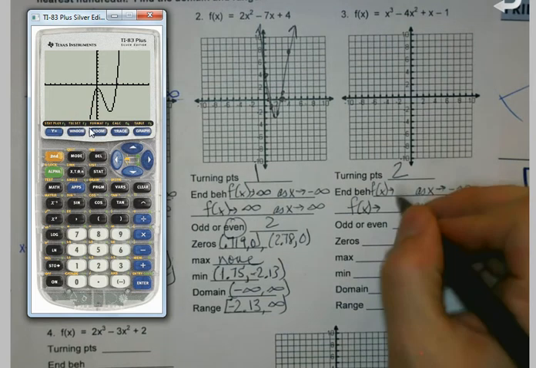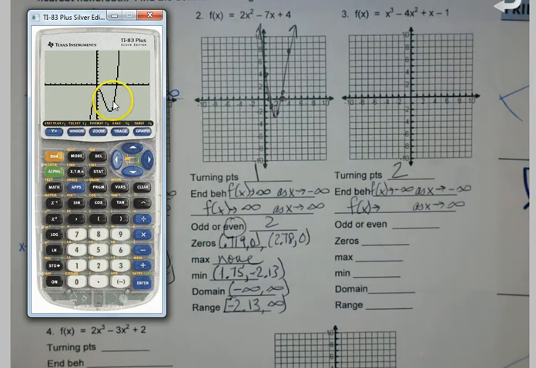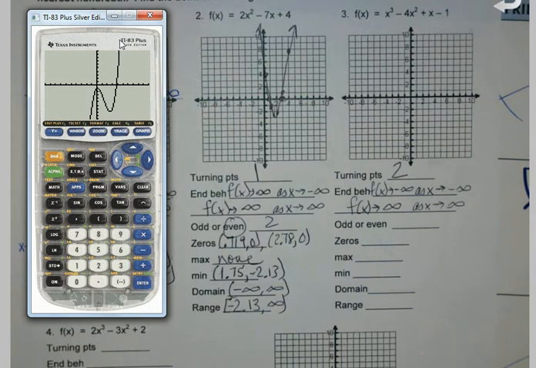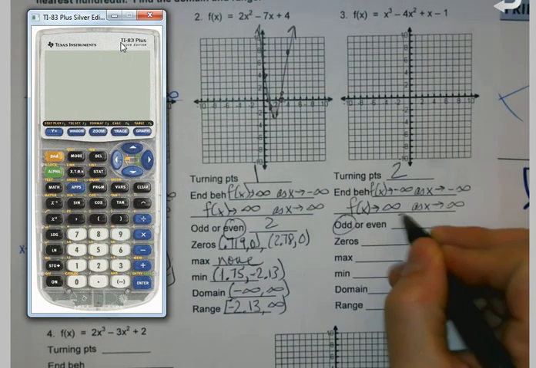Down. So we're heading to negative infinity there. But as my graph heads off to the right to positive infinity, we're heading up. Okay, do we have an odd or even degree function this time? Odd, because my degree is 3.